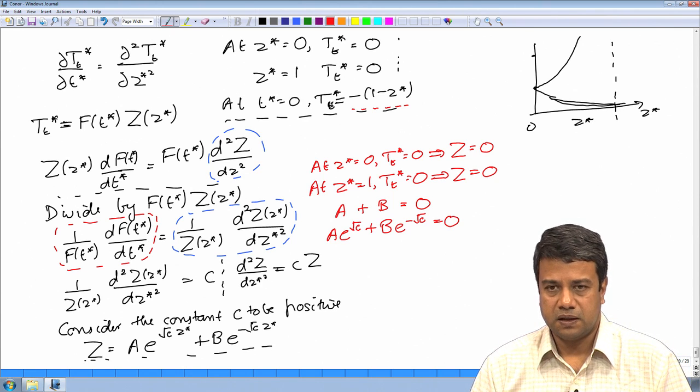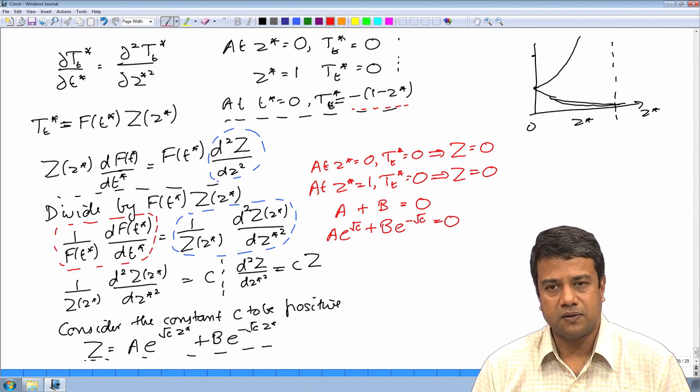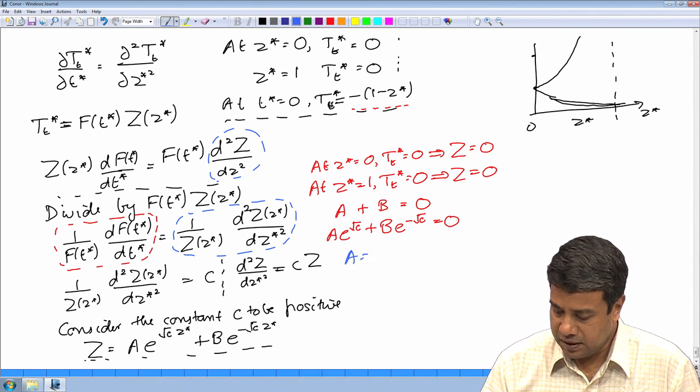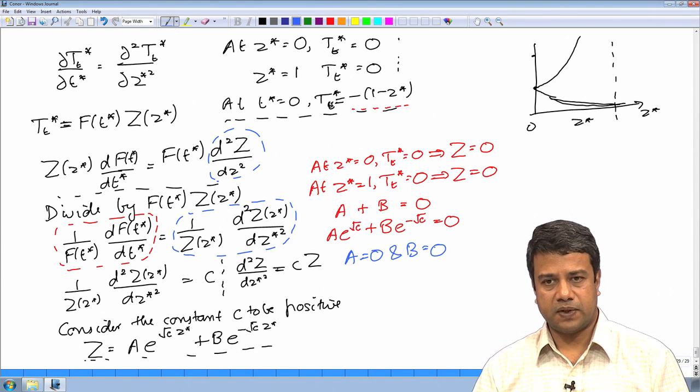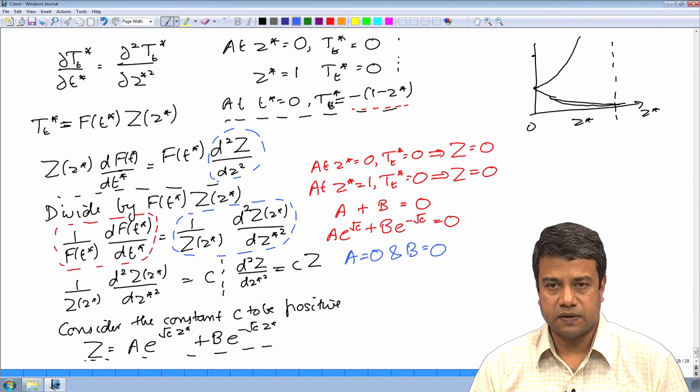And if you solve this equation for any value of c, the only solution you get is that a equals 0 and b equals 0. So, you get only a trivial solution.